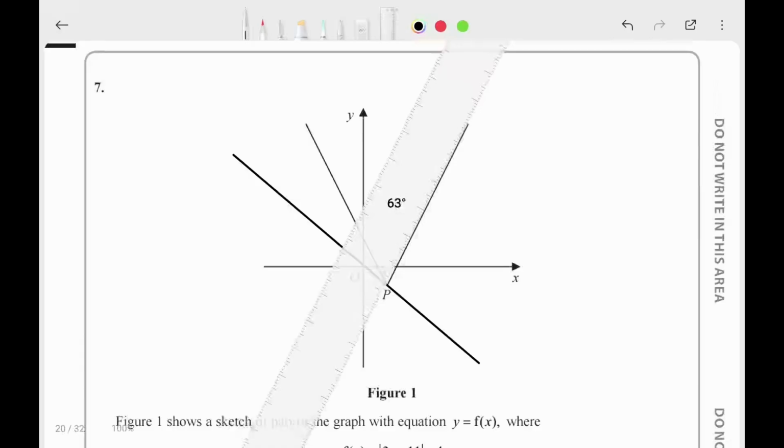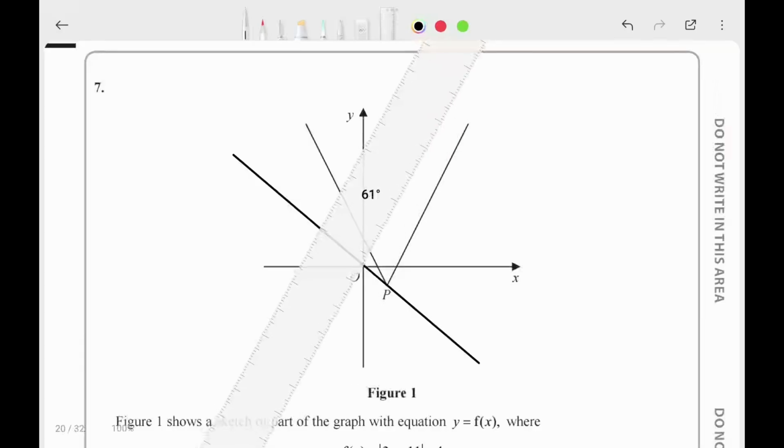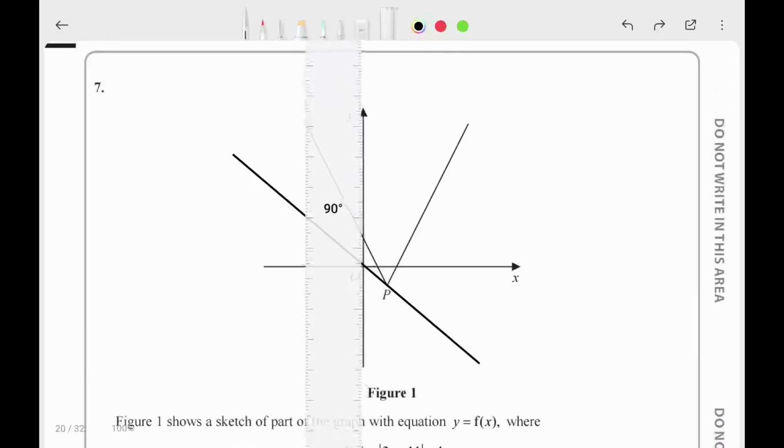Or if the line is parallel to this portion of the graph, then it also intersects the graph exactly once. Or if the gradient is higher than that, larger than that, up to infinite, it again intersects the graph exactly once.